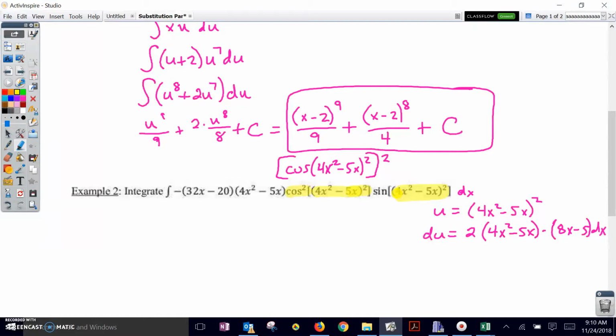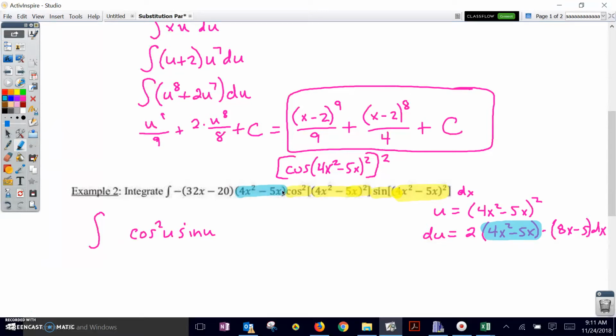So we're taking care of the cosine squared and the sine. We've got cosine squared of u, sine of u. And then let's see, what else do I have here? I've got a 4x squared minus 5x in there.